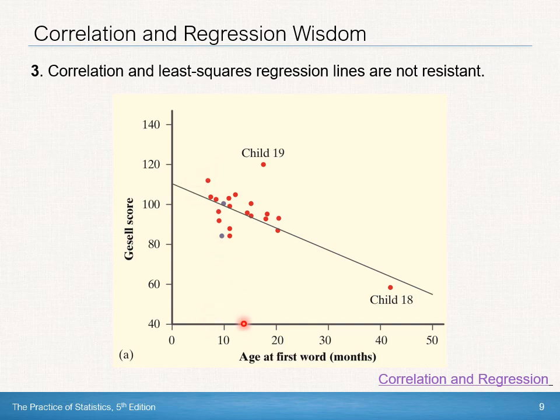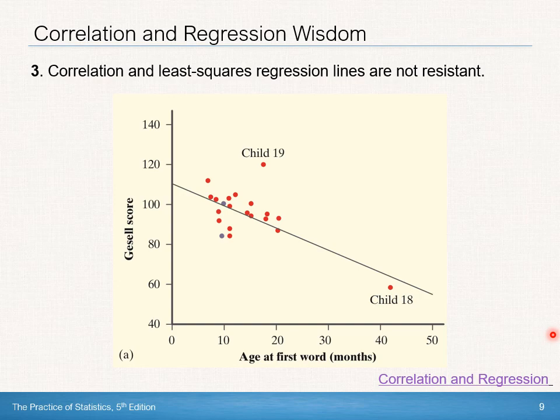And generally, if they take much longer before they say their first word, then their score is a little bit lower. So it makes sense that this would have a negative slope. But what we want to look at is, if we took out child 18, and if we took out child 19, how would this affect the lines? And so we want to talk about influential points, but also outliers as well.